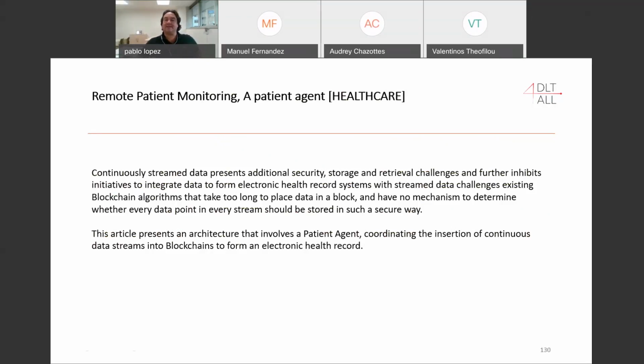With streamed data challenges existing, blockchain algorithms take too long to place data in a block and have no mechanism to determine whether every data point in every stream should be stored in such a secure way.